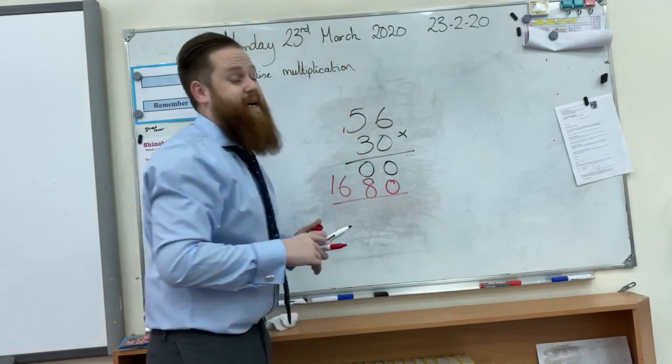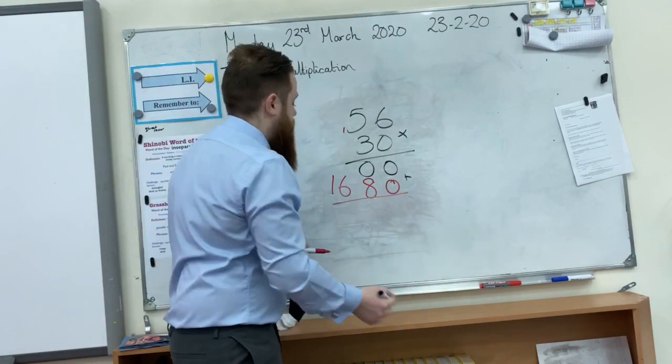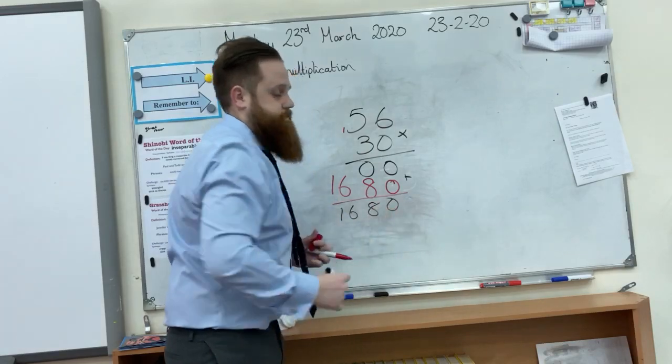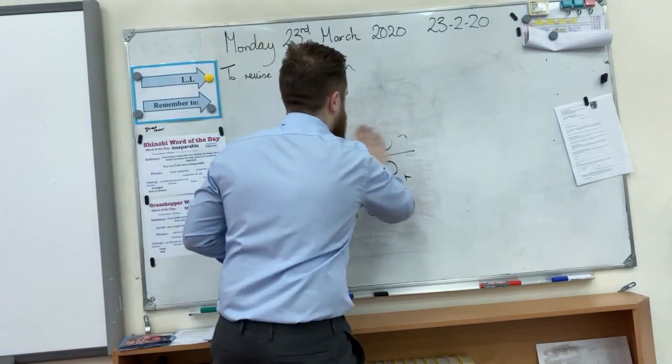Your final step would be to add these together. I'm pretty sure you don't need to do any working out to work out that that is 1,680.